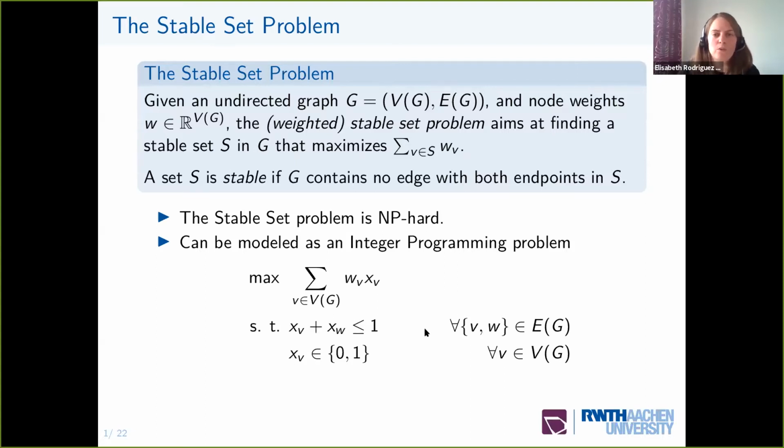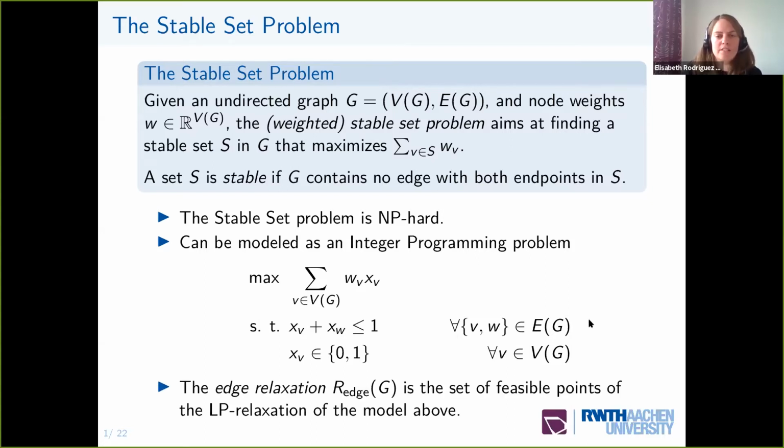We maximize total weight, and with these inequalities, we enforce that for every edge of the graph, we cannot select both endpoints to be in S. So the set of feasible solutions of the LP relaxation of this model is often called the edge relaxation, and we will denote it by R_edge(G).